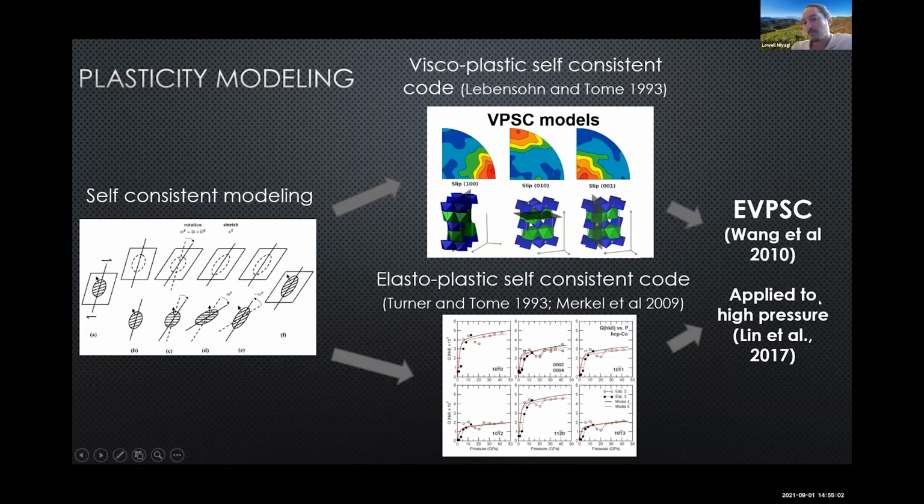I had a student who in 2017 applied this to high pressure, and this was a collaboration with Sebastian Merkel and Nadège Hilairet at University of Lille. And one of the adaptations we had to do was to put in equations of state and pressure dependence of critical resolved shear stresses and pressure dependence of the elastic properties.